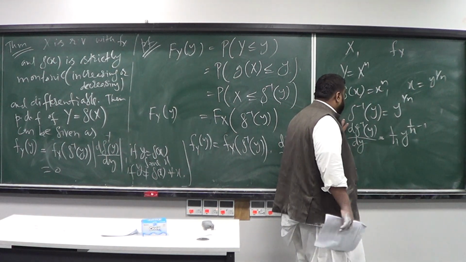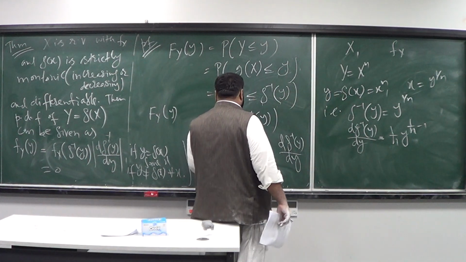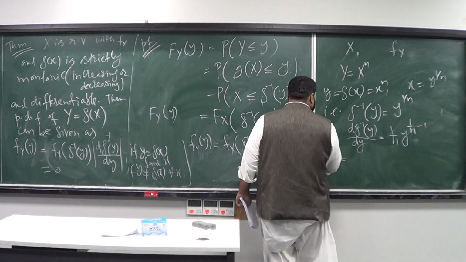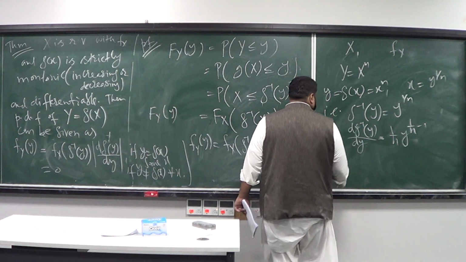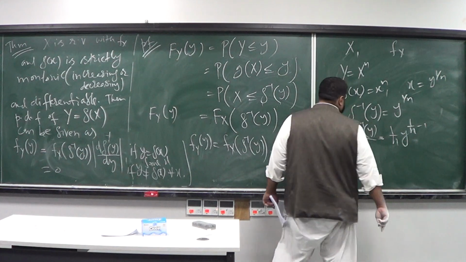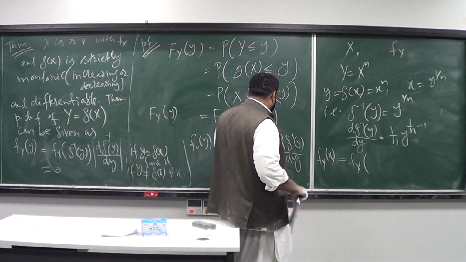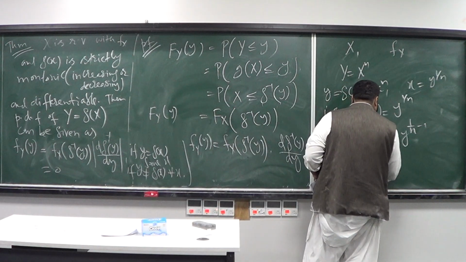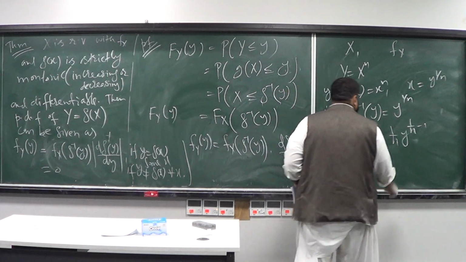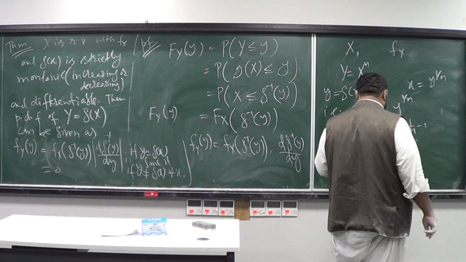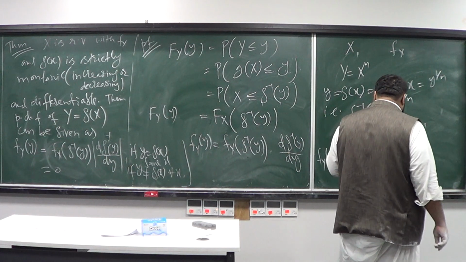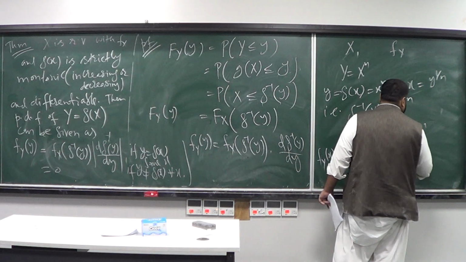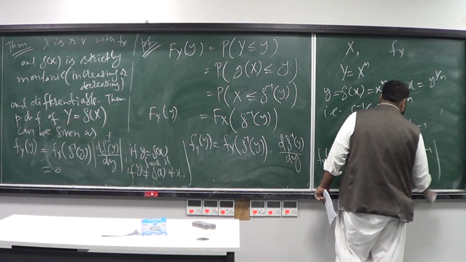Now substitute these values into this formula. So f_Y is going to be f_X, substituting the g inverse of y, which is y^(1/n), times the absolute value of this derivative, which is 1 over n times y to the power 1/n minus 1.